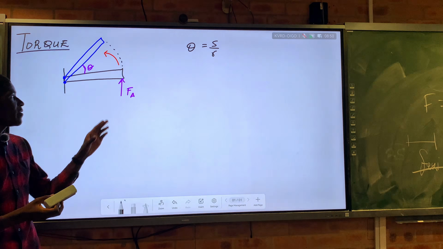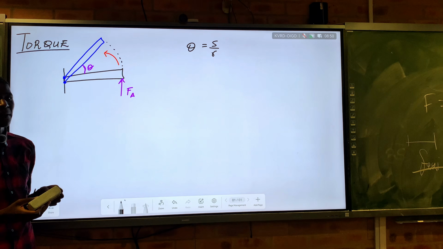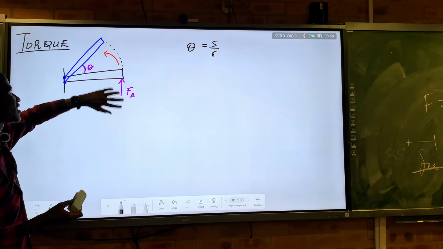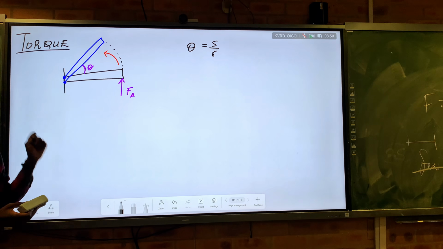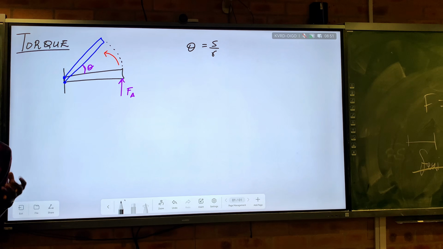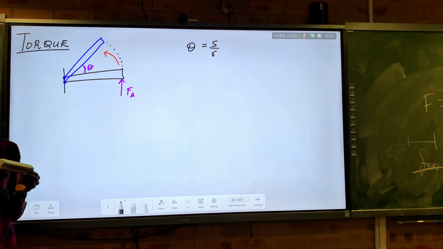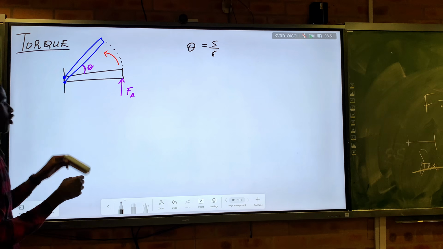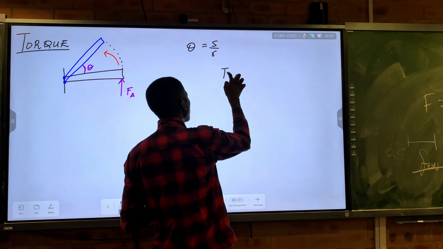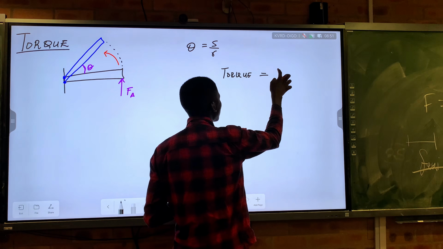So the force is giving a rotational motion, but the actual rotational motion is caused by the torque. So basically torque is the same thing as what? As force. But in this case, torque is a force that causes something to do what? To rotate. So whenever we're talking about torque, to an extent it is equivalent to force.